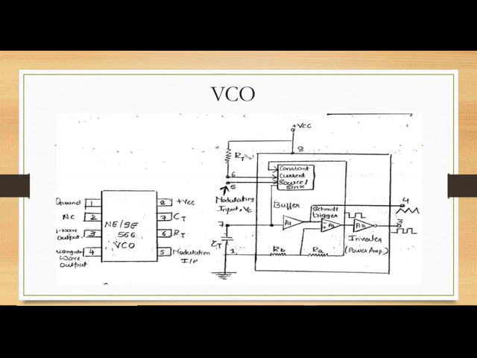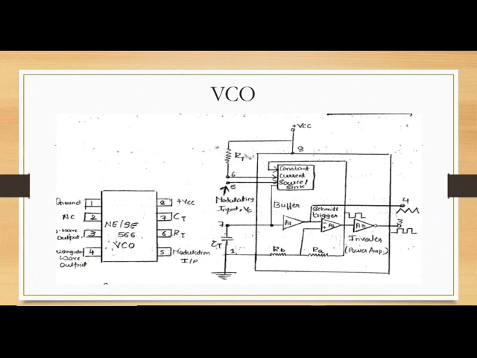So you can see the VCO which is available in IC form, manufactured by Signetics with the brand name NE/SE566 VCO, and you can see the circuit which is there in the IC. You can see three op-amps: op-amp A1 acts as a buffer amplifier, op-amp A2 acts as a Schmitt trigger, and op-amp A3 is nothing but an inverter which is the power amplifier.